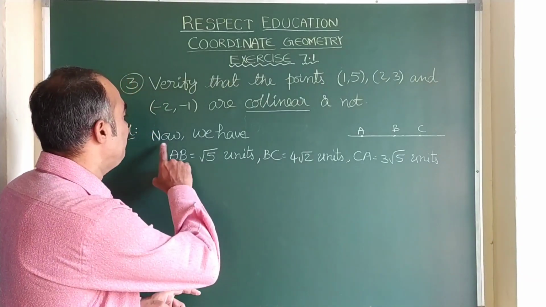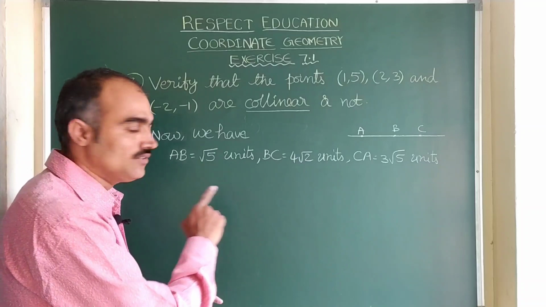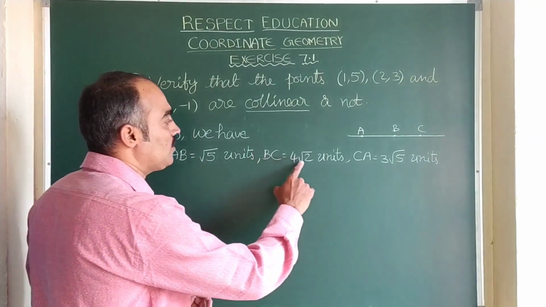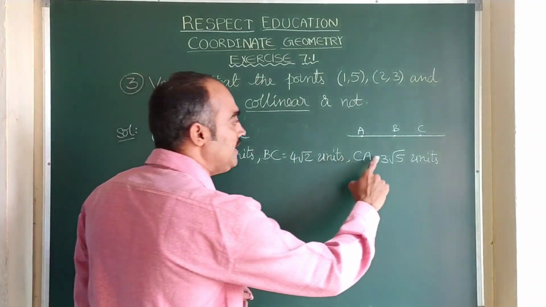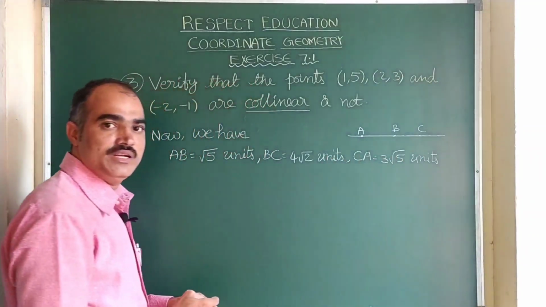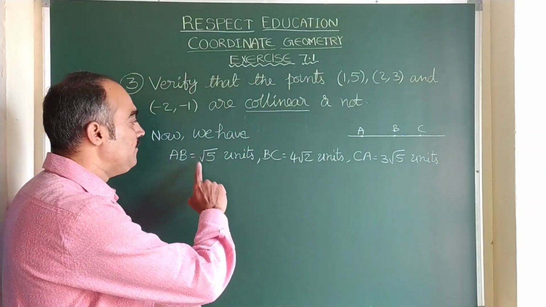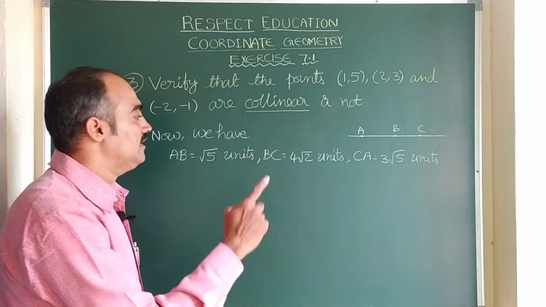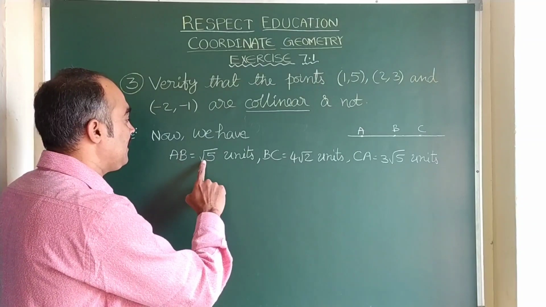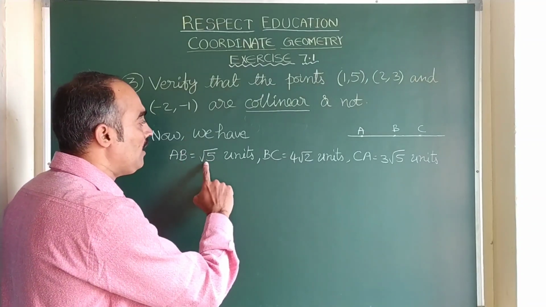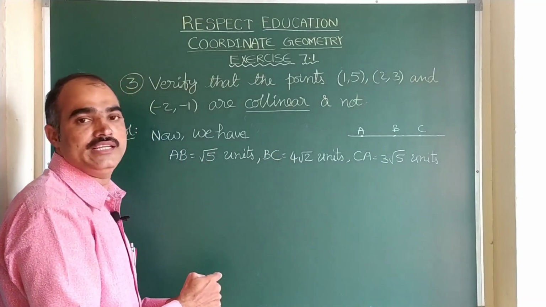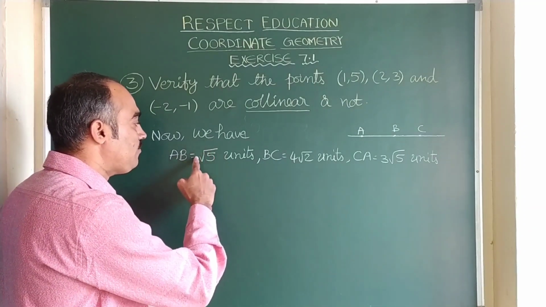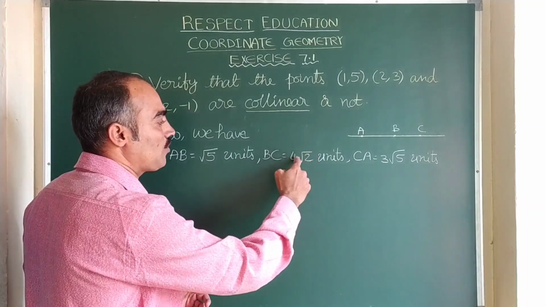See, these are the values we just got. AB equal to root 5 units, BC equal to 4 root 2 units, CA equal to 3 root 5 units. As I have told you, if you add any two of the values, you should get the third one. Let us check, can we add root 5 and 4 root 2? It is not possible. Why? Because this is in terms of root 5, this is in terms of root 2.